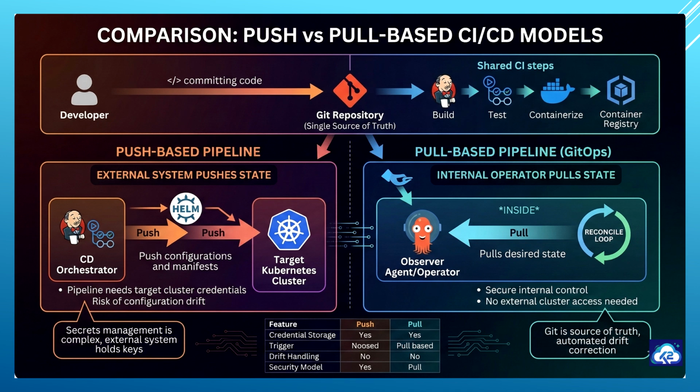So if there are any changes for the manifest or Helm charts, it will pull the changes and it will maintain the desired state. So here it will be more secure because no external system will have access to this Kubernetes cluster. So here Git is the single source of truth.